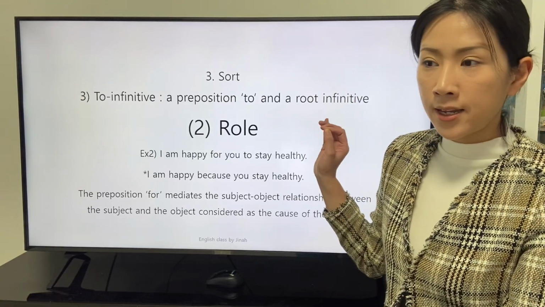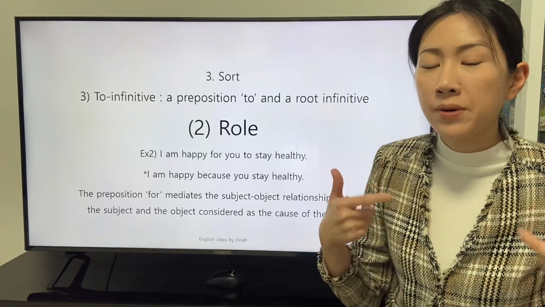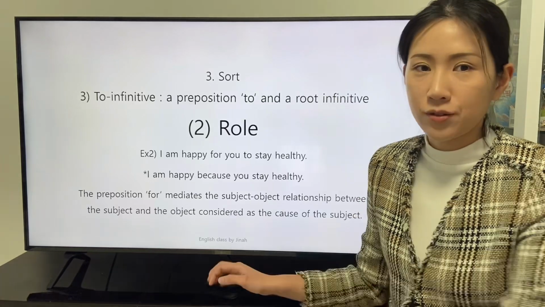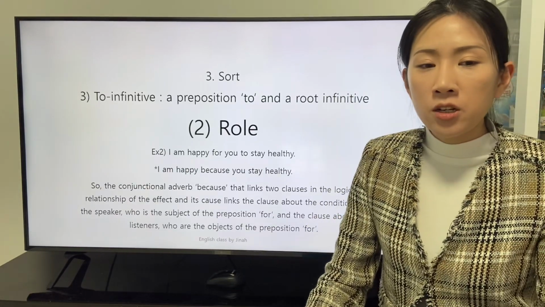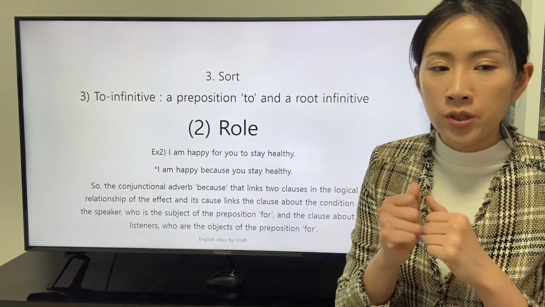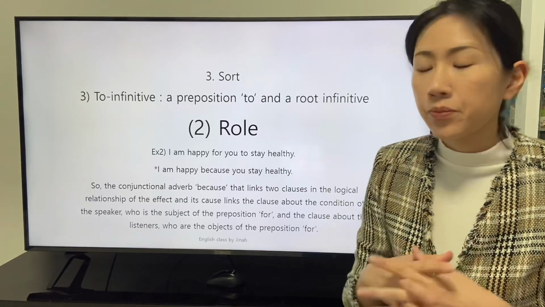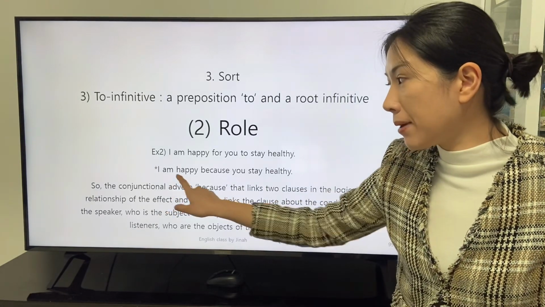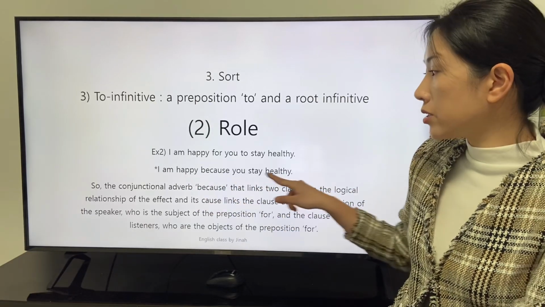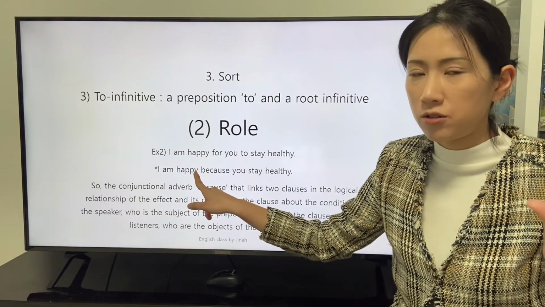This clause can convey the intention of the speaker who wants to express the condition aimed at the listeners. So the conjunctional adverb because links two clauses in the logical relationship of the effect and its cause. The first clause, I am happy, is the effect of the second clause. The second clause, you stay healthy, is the cause of the first clause.